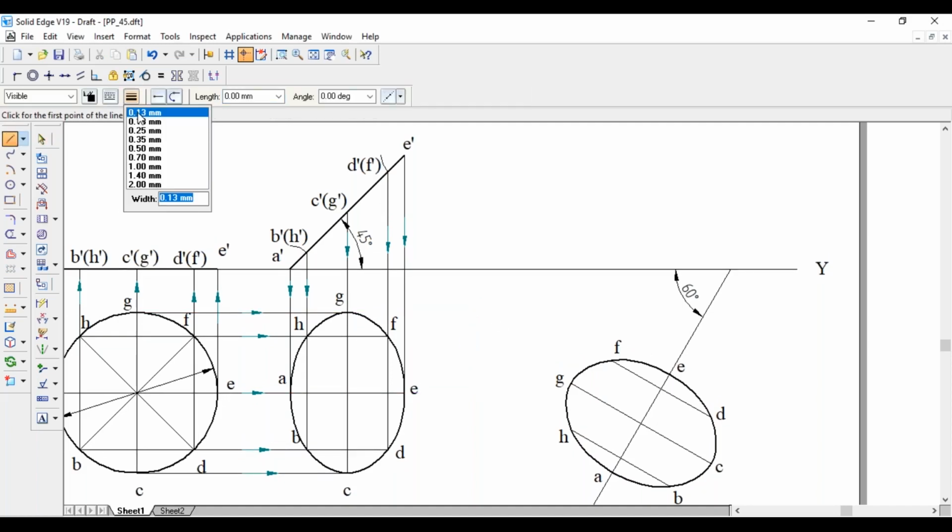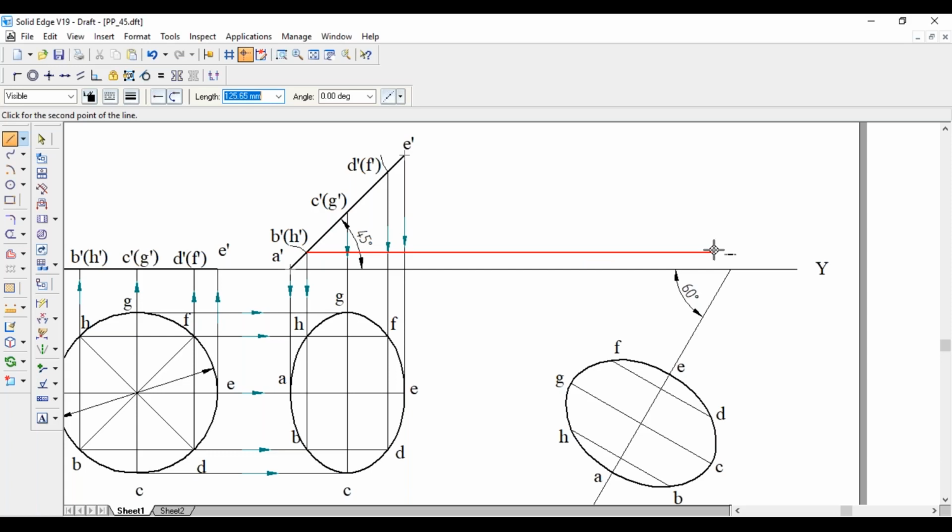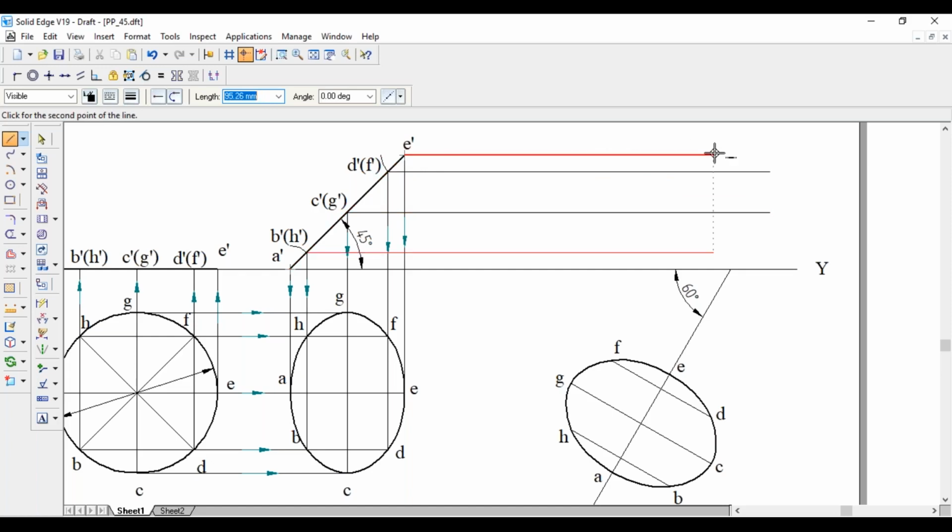First we'll project horizontally from these points. So A is here. A dash is on the XY line, till the XY line. B and H till this line. From B to this line. Similarly, H to this line. C and G till this line.